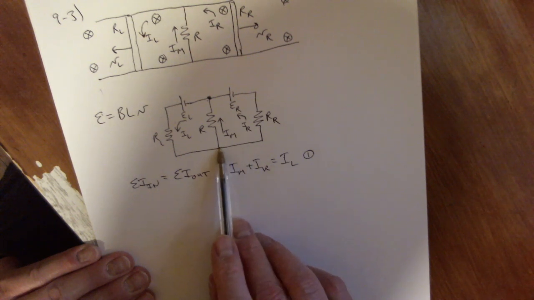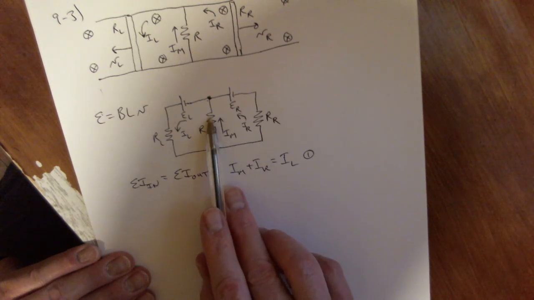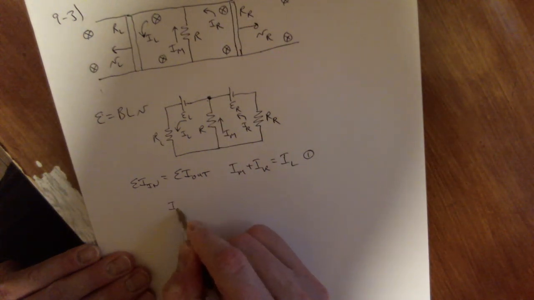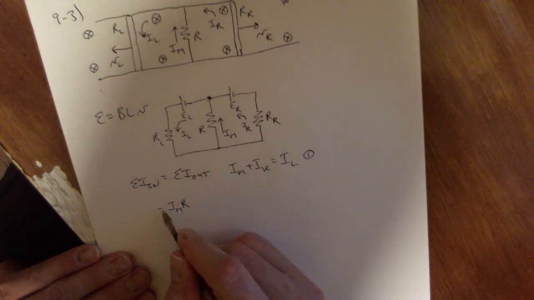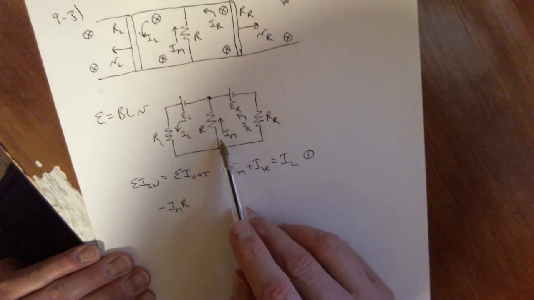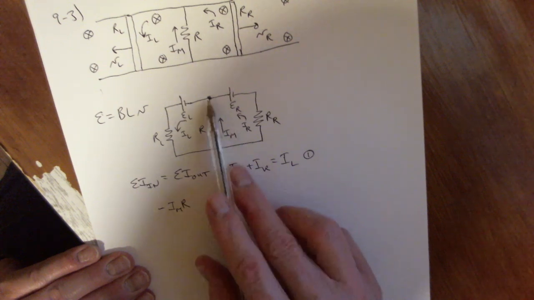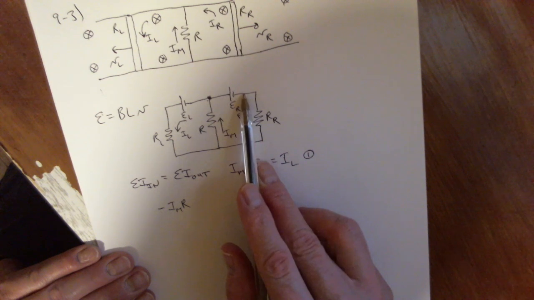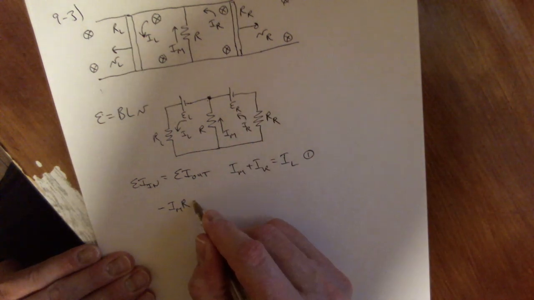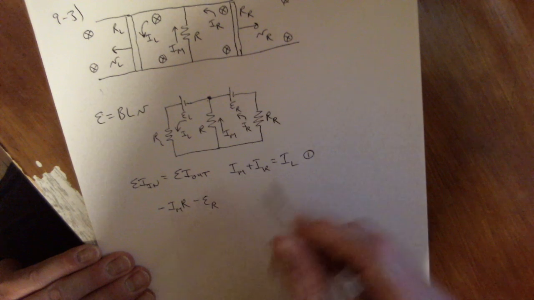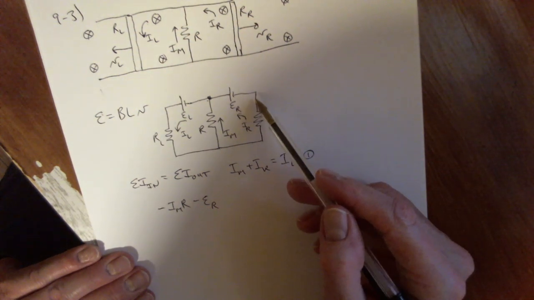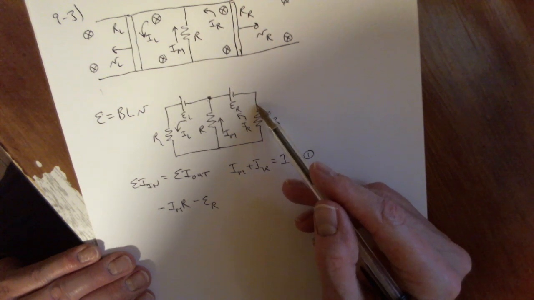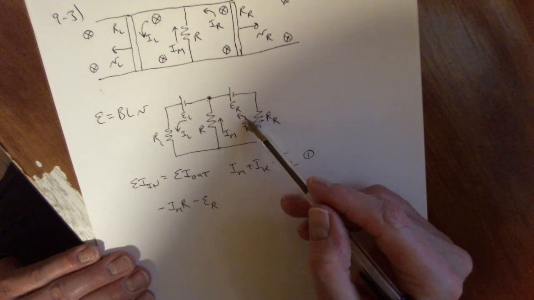And so I come up here, I go through this resistor in the direction of the current I middle. So I have I middle R with a minus sign because I'm going in the direction of the current. It's a voltage drop. I keep going clockwise. I'm going down from positive to negative, down by EMF R, so minus EMF R. And then I go through the resistor R right against the current I right, right?